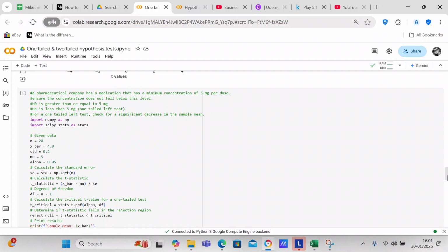For a one-tailed left test, check for a significant decrease in the sample mean.